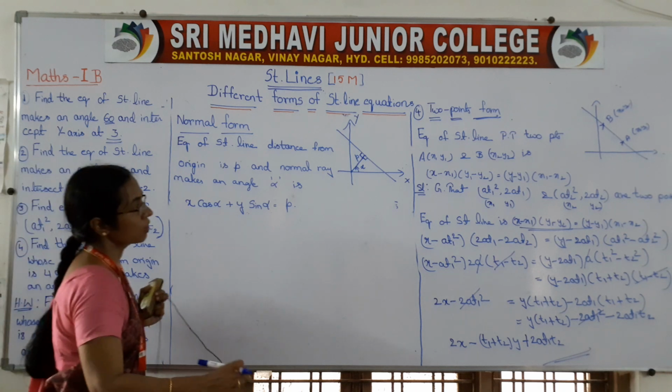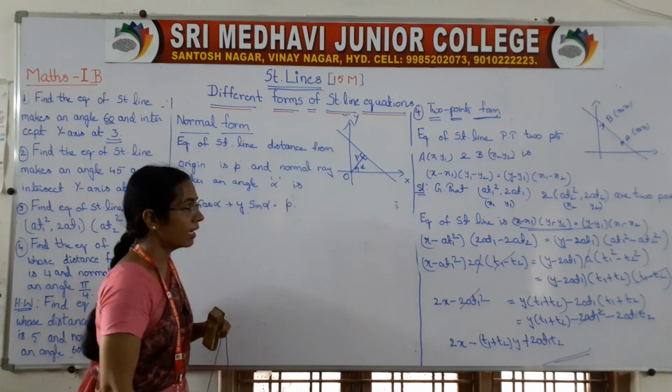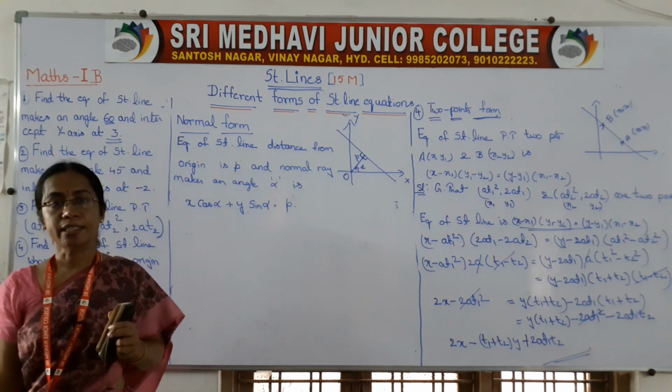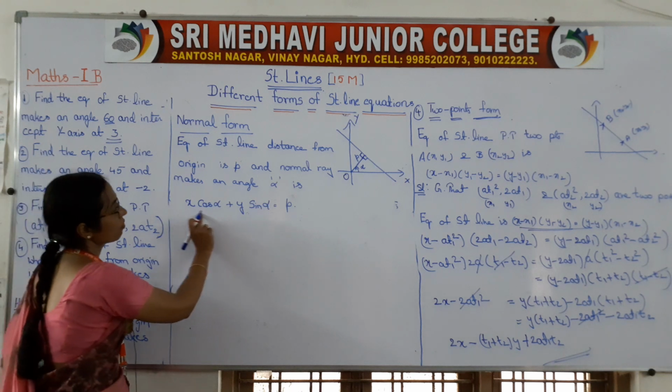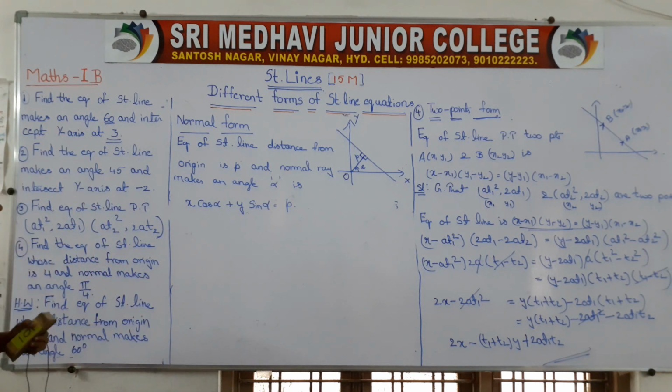Whenever we know the distance from origin to that line and its normal makes an angle alpha with the x-axis, then such type of line equation is x cos alpha plus y sin alpha is equal to P.